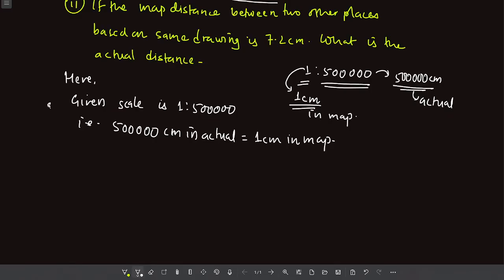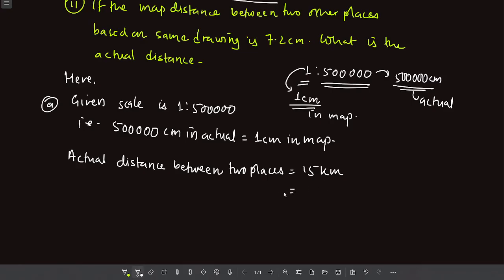Okay, this is the answer for the first question. Actual distance between two places equals 15 kilometer. 15 kilometers means 15 into 1000.